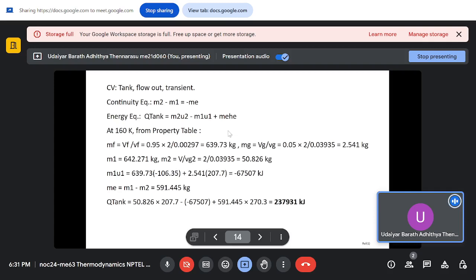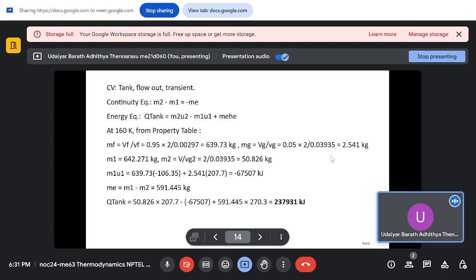Similarly for gas, it is gas volume divided by gas specific volume. Gas volume is 5%, so 0.05 into 2 divided by specific volume 0.03935 will come out to be 2.541 kg. So mass 1 is the summation of these two, which will come out to be 642.271 kg. Similarly at state 2 we have total saturated vapor.